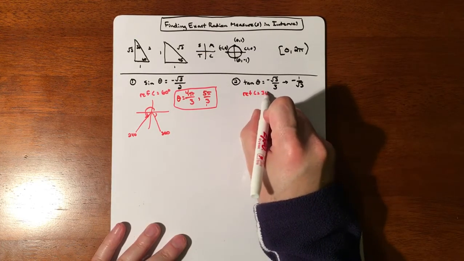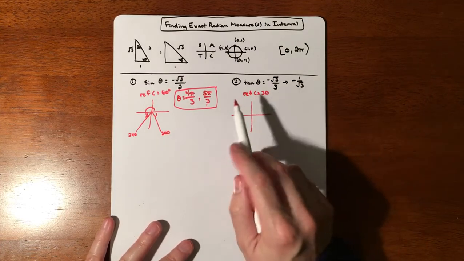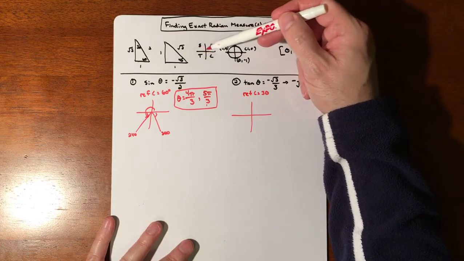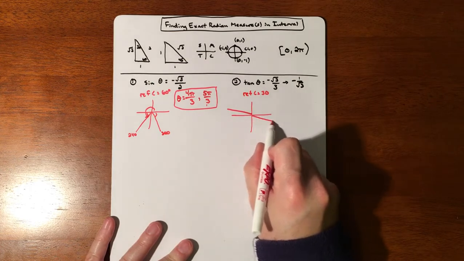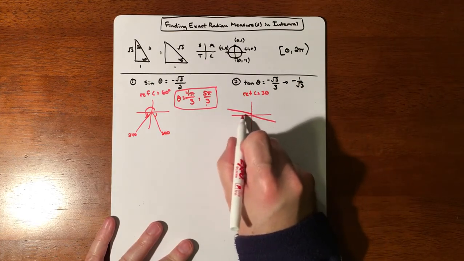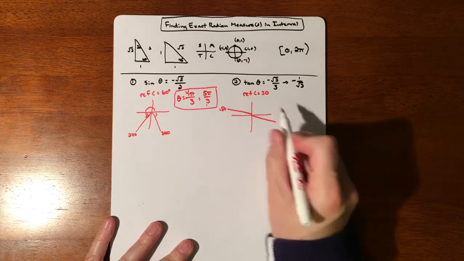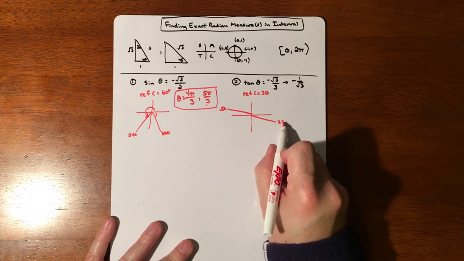And then I like to draw myself a visual for it. Tangent is going to be negative in these two quadrants. So I'm going to draw a 30-degree reference angle in that quadrant and a 30-degree reference angle in that quadrant. This is going to be 30 degrees shy of 180, and this is going to be 30 degrees shy of 360.